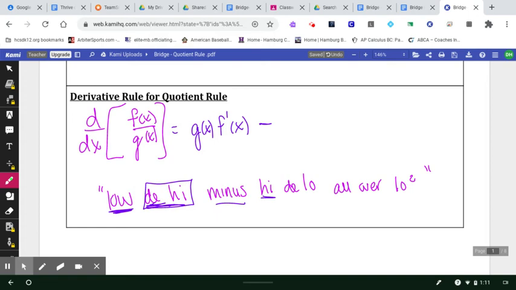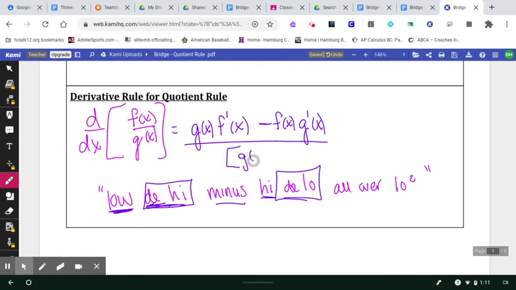Then the high term, f of x, d low, so g prime of x, all over the low term squared, taking that low term inside a big bracket and squaring it. Start singing it to yourself. I've been doing calculus for 20 years, and I still say low d high minus high d low all over low squared. Keep repeating that phrase throughout the problems.